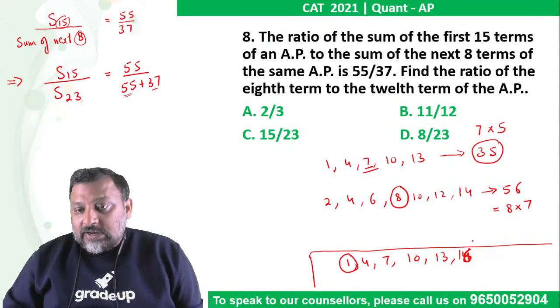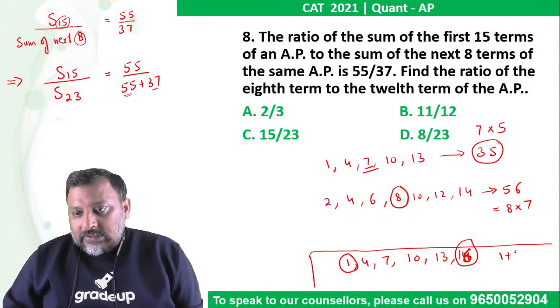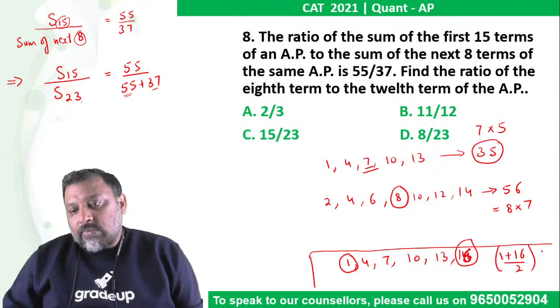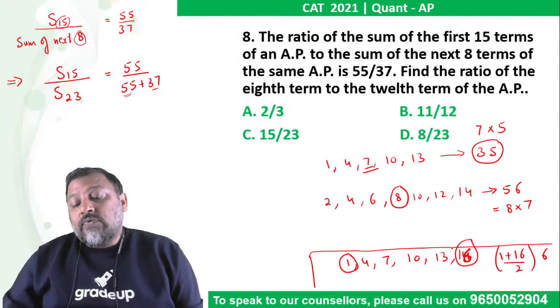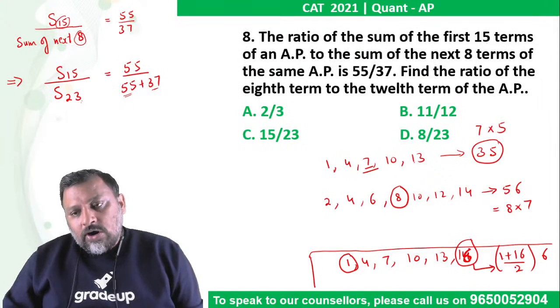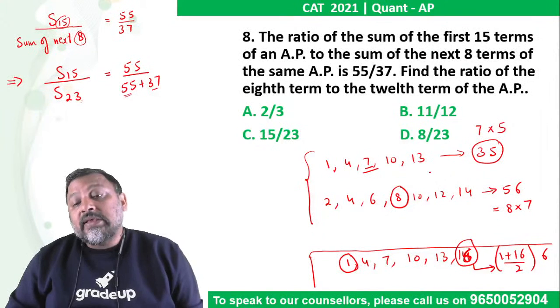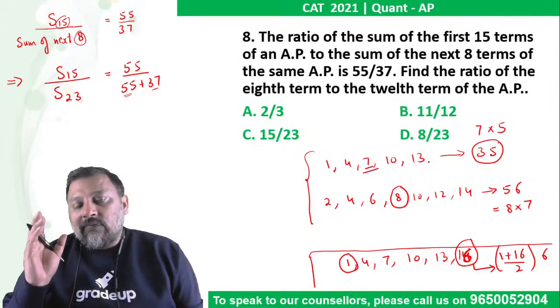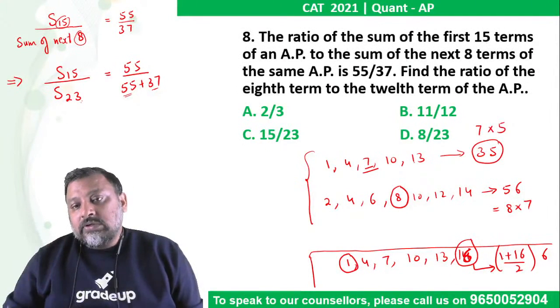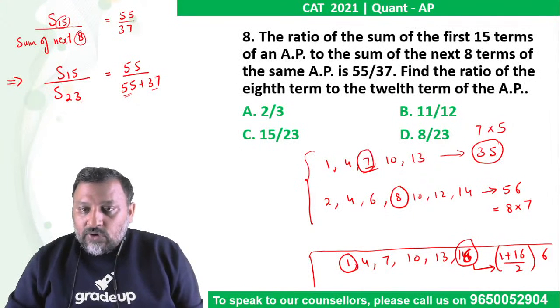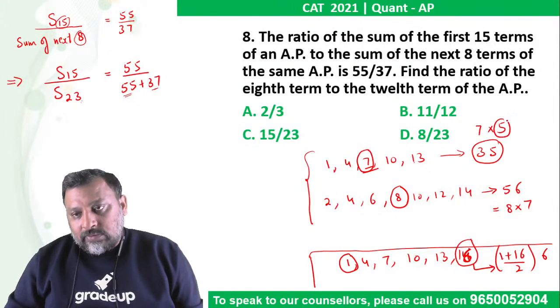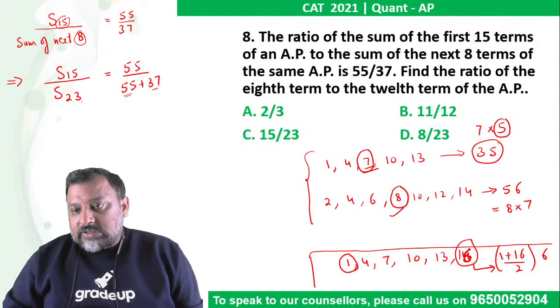Just add first and last, 1 plus 16 by 2, the average of first and last into number of terms. This works for any AP, odd or even, but this concept will work only in the case of an AP having odd number of terms. We just need to consider the middlemost term into number of terms. Middlemost term which is 8 into number of terms.